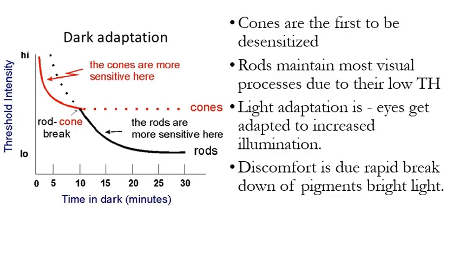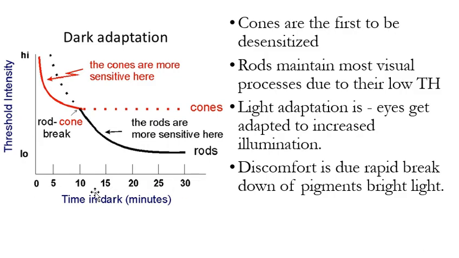So when you look at dark adaptation, the cones are the first to be desensitized. Okay, you definitely can't see anything when it comes to cones in darkness. So if you look at our graph, here we're looking at threshold intensity on our y-axis, and on our x-axis we're looking at the time.